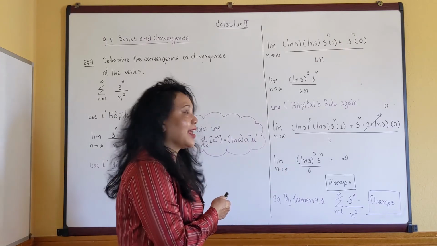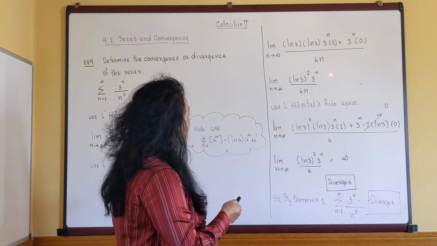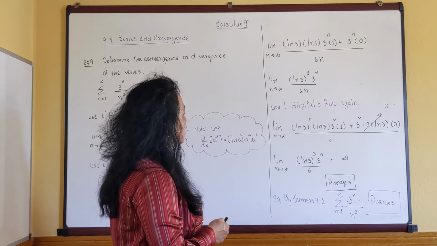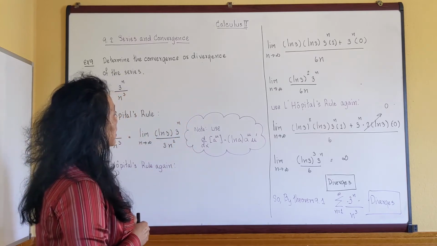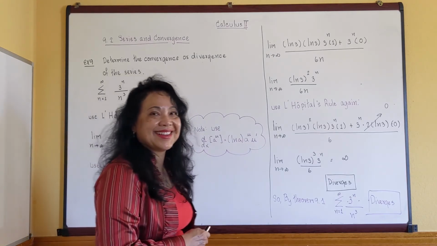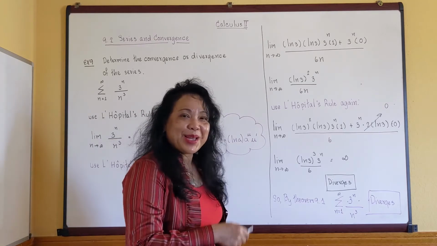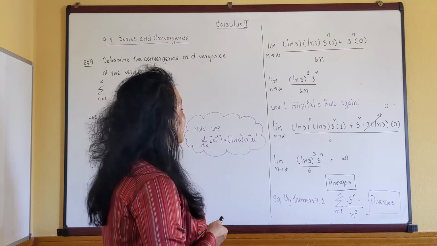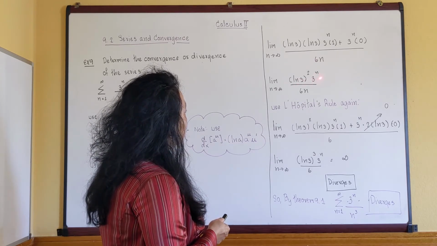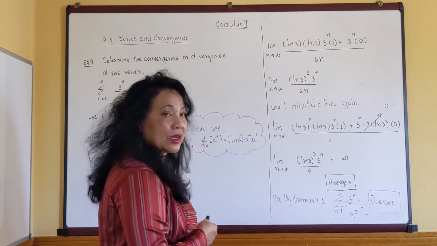Now you can see as n goes to infinity, you're going to have infinity over infinity. So I'm going to apply L'Hopital's rule again for the third time. Just apply it as many times as you need. For the numerator, I have to use the product rule.